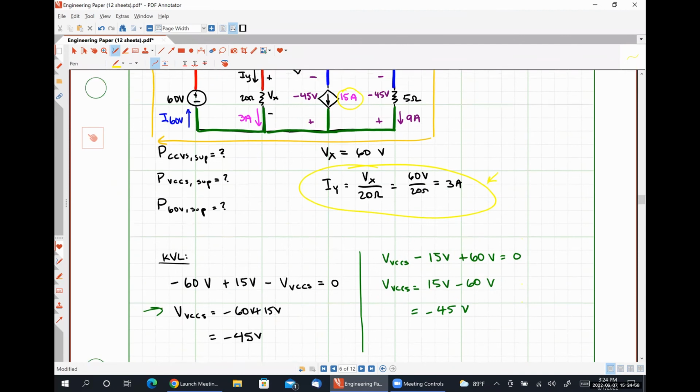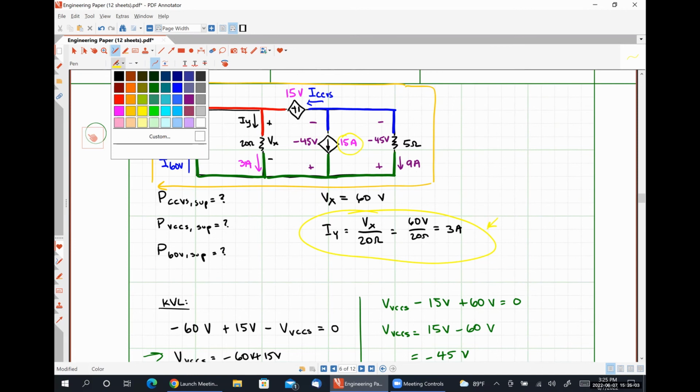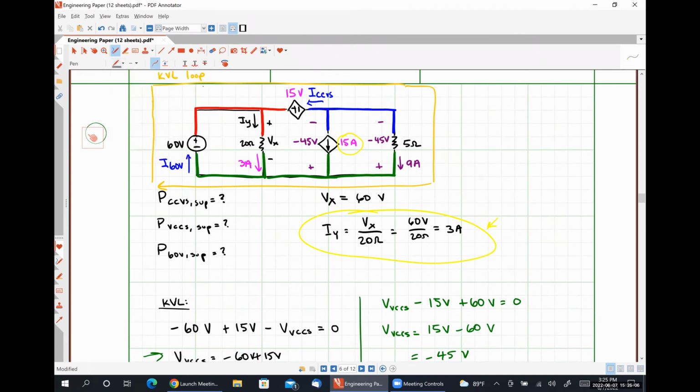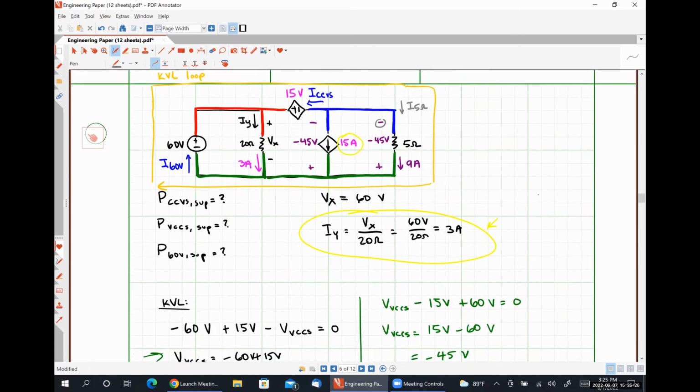Okay, so if we're looking here, we defined our current I5 ohms in this particular direction. So the current is flowing into the negative polarity terminal, which is why we get these negative signs. If we look at IY, the current is flowing into the positive polarity terminal, which is why we don't have a negative sign out front.